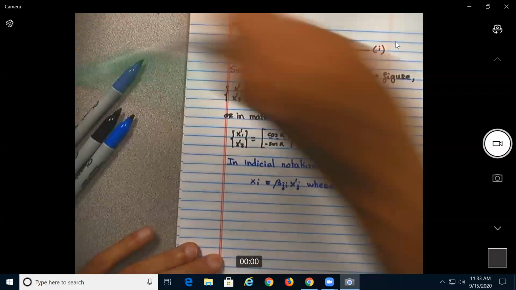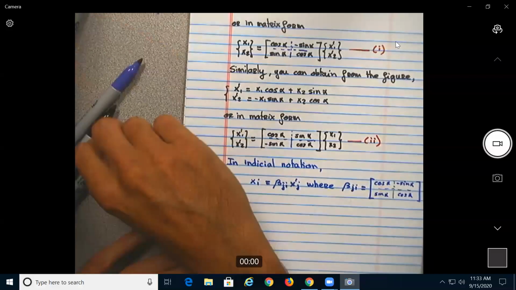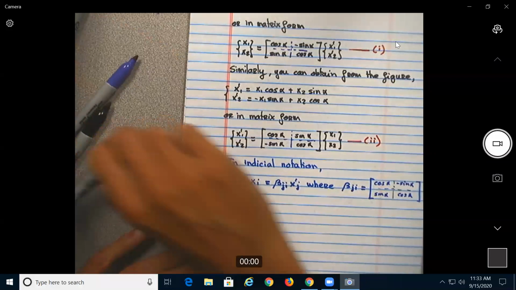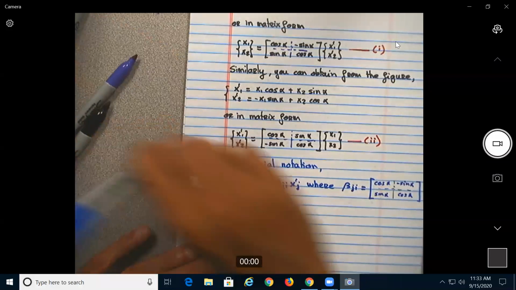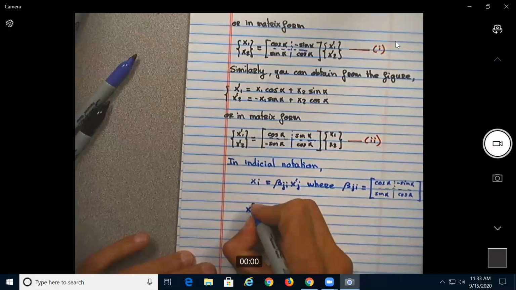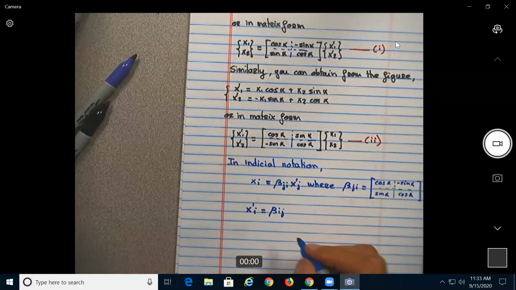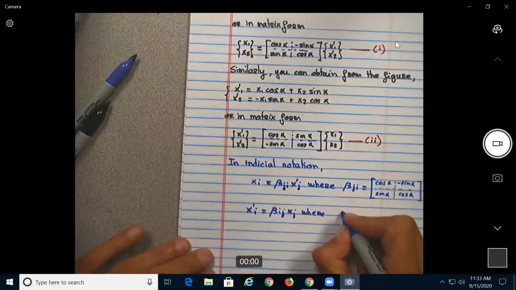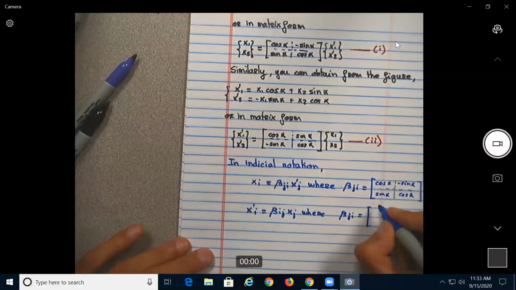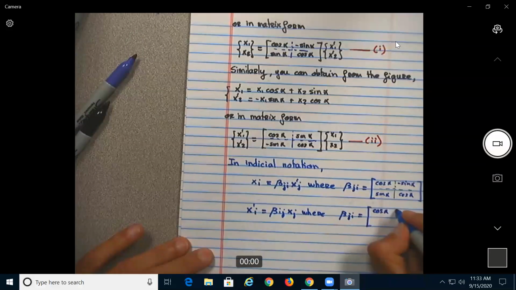Okay, so that would be equation 1, and equation 2 will give you x prime i equal to beta ij xj, where beta ji is equal to cos alpha, sine alpha, minus sine alpha, cos alpha.